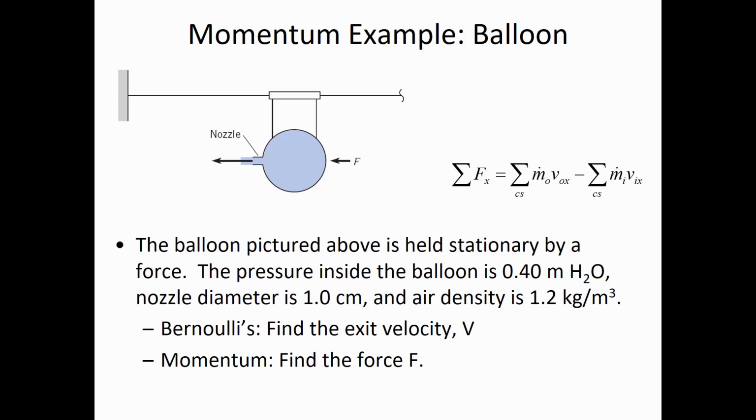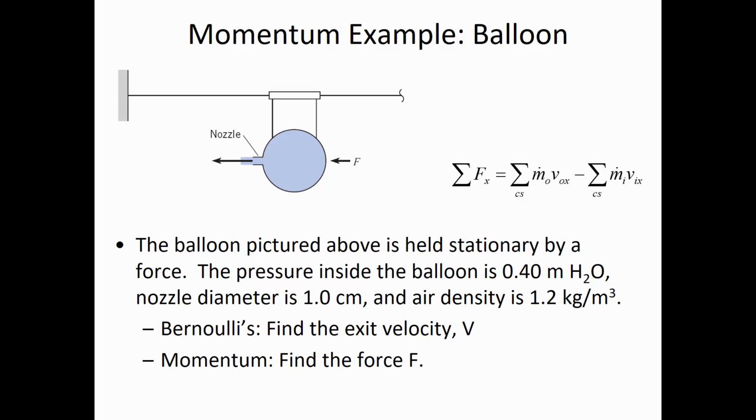What we want to know is what force is required to hold this balloon steady because of the stream of mass that's coming out of the balloon. So the unknown here is what force is required to hold the system steady.